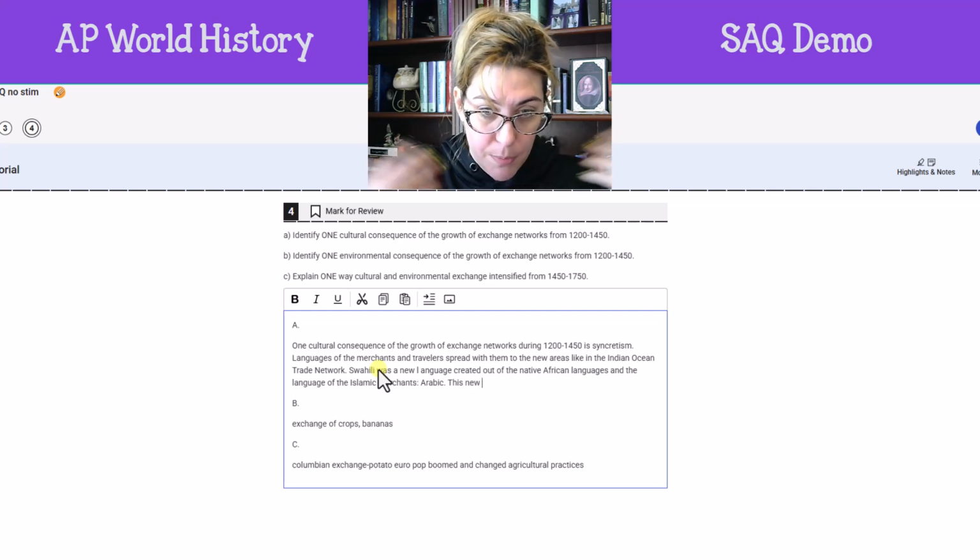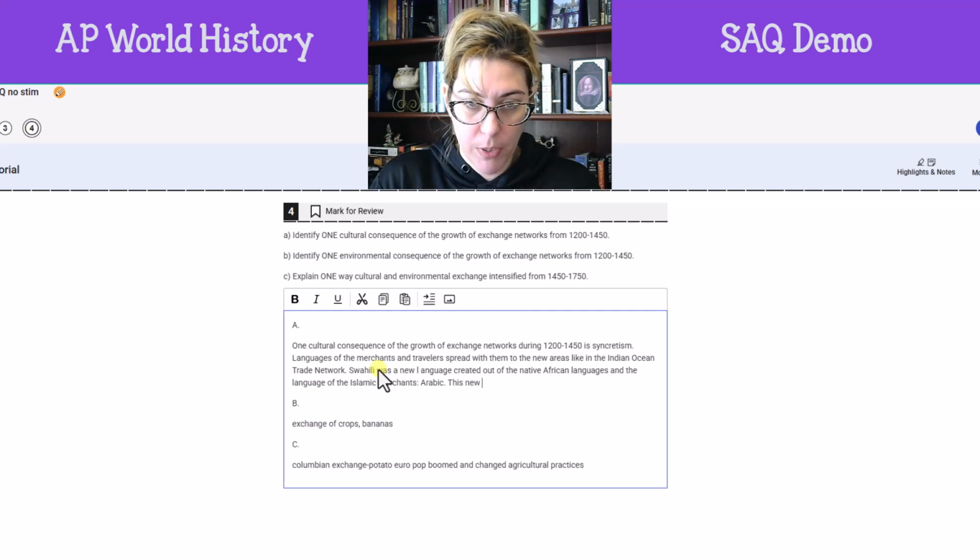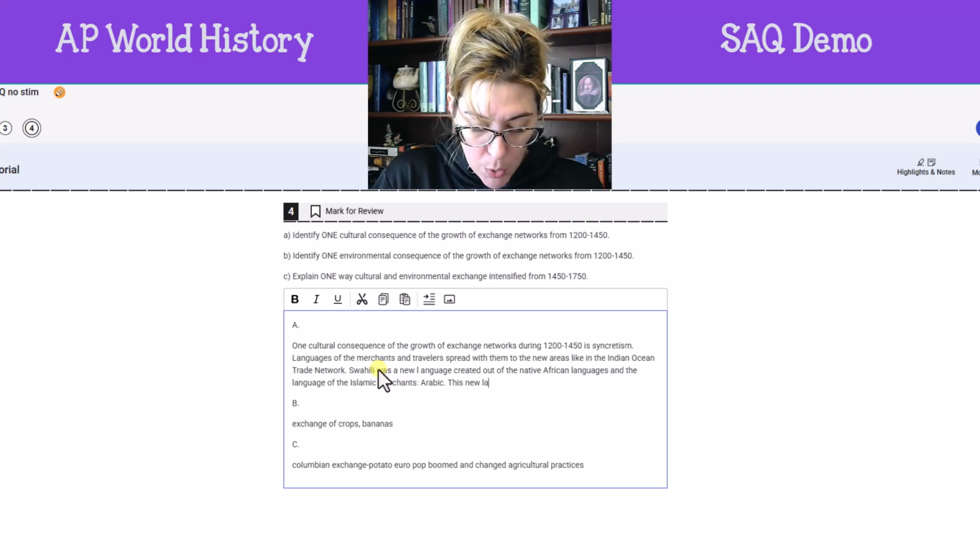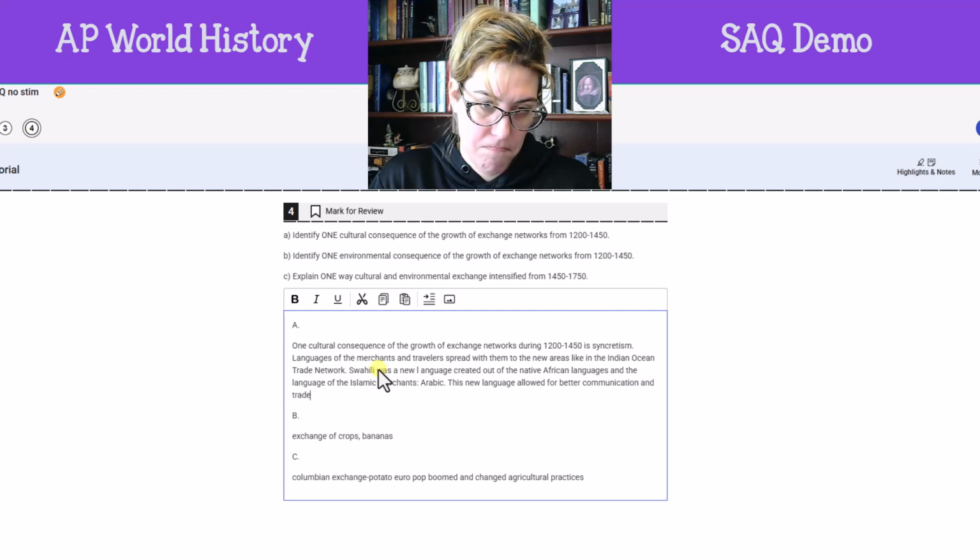Now we got to explain why it happened and how it's related to exchange networks. This new language allowed for better communication and trade, since both parties spoke it.